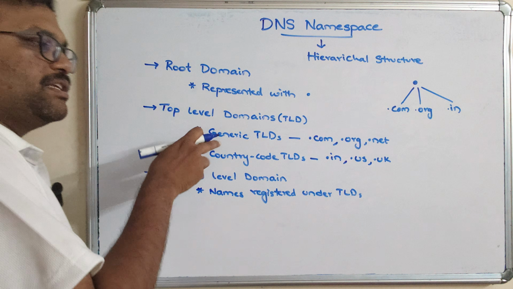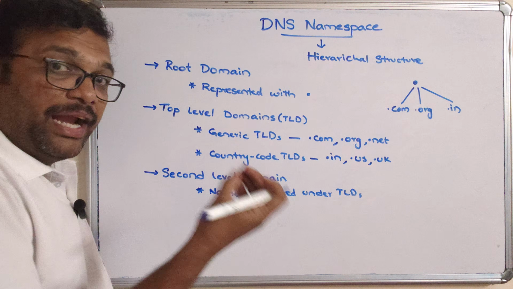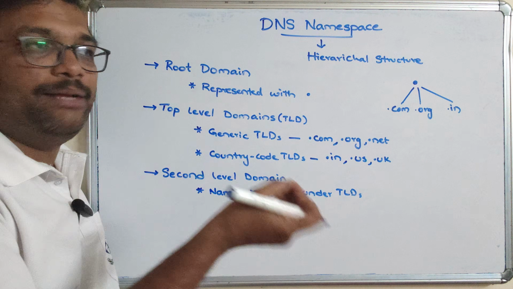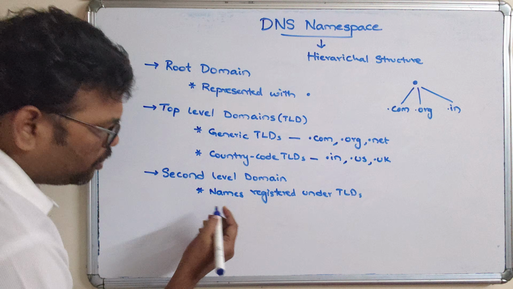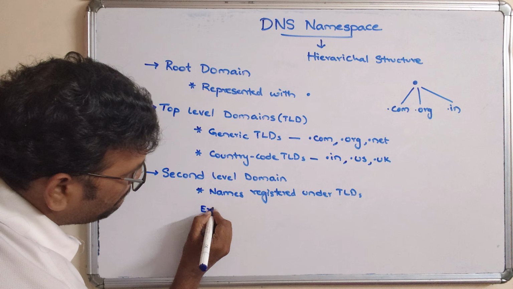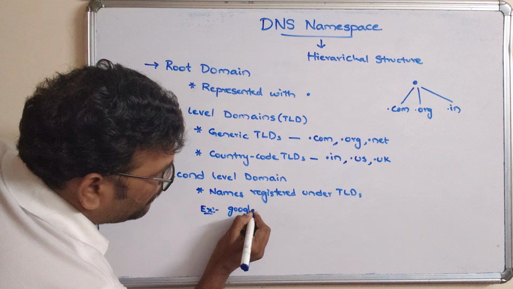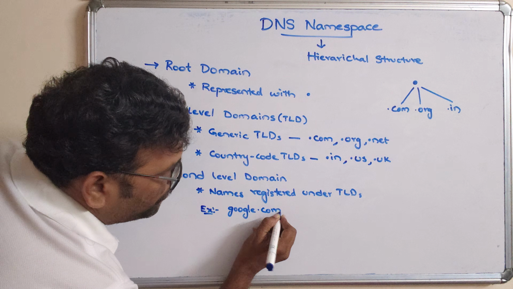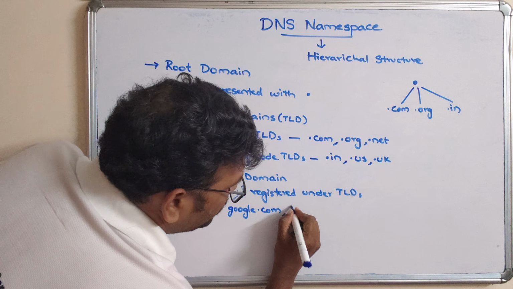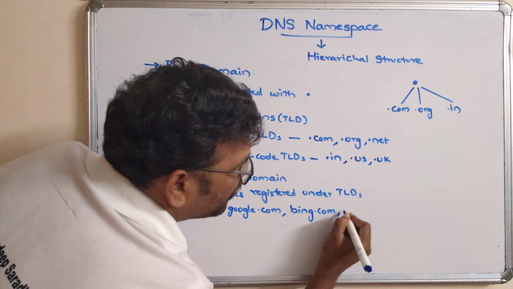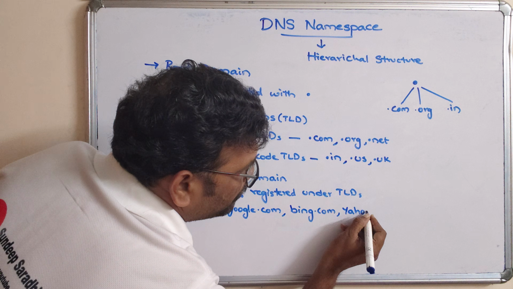So you need to select the top level domain, and after selecting it, we need to register the names under it. For example, google.com, bing.com, yahoo.com.